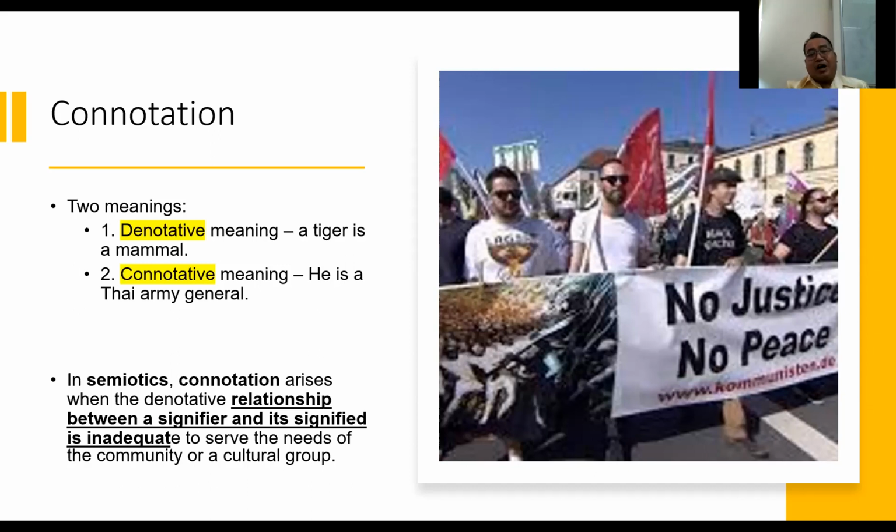So in semiotics, this is a bit theoretical. Connotation arises when the denotative relationship between a signifier and its signified is inadequate. It's not enough, in other words, to serve the needs of the cultural group, society.